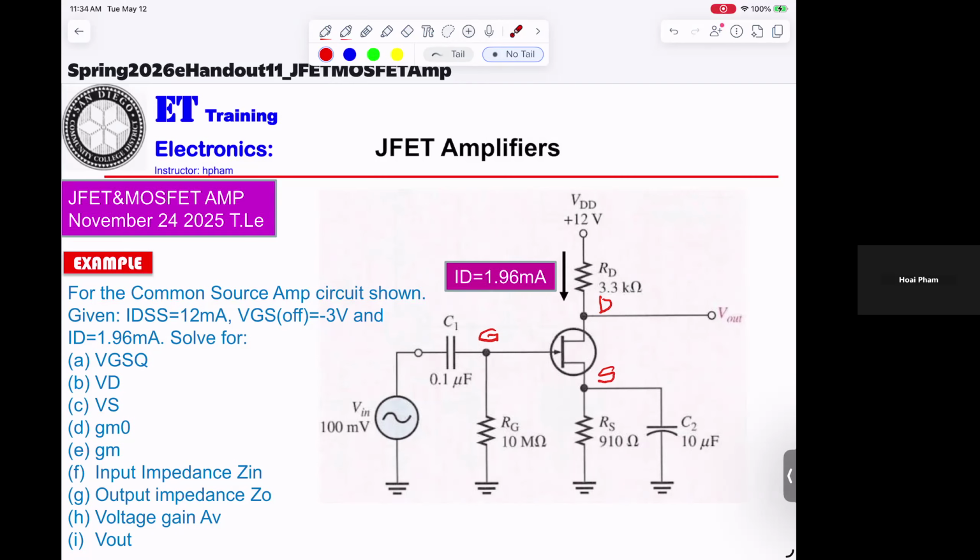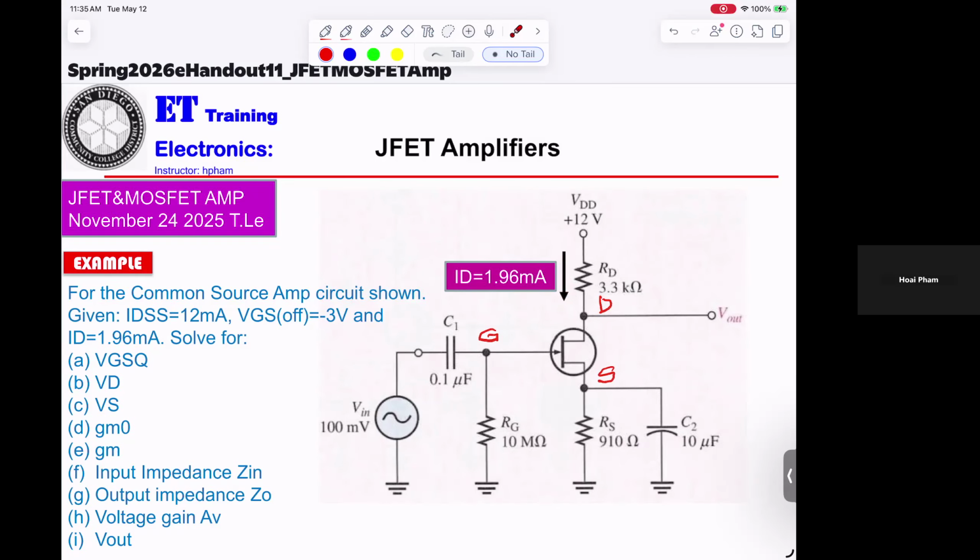For example, for this circuitry, they give you ID equal 1.96 milliamp. That means they give you the current ID.